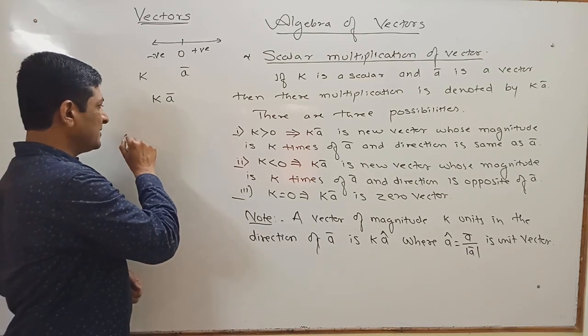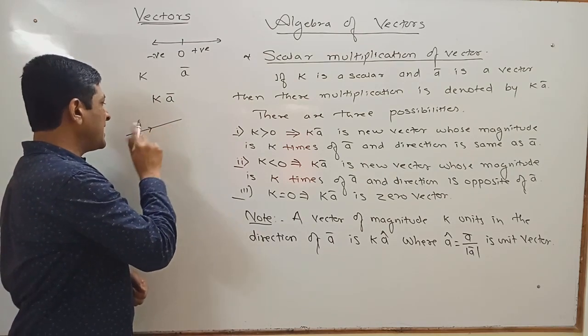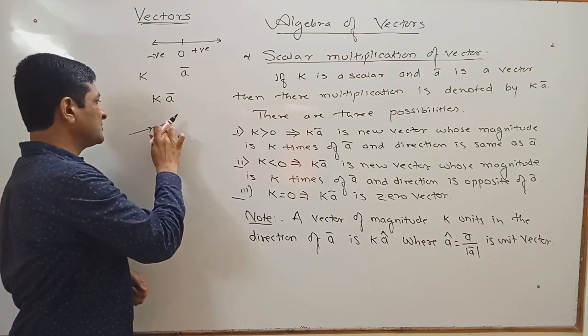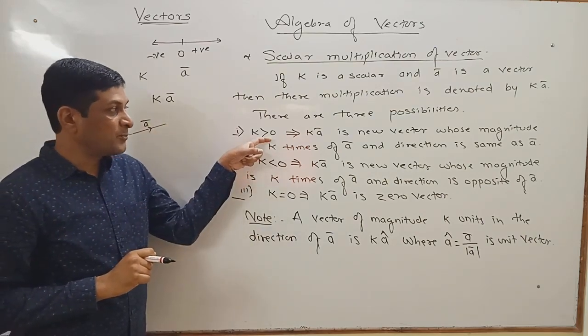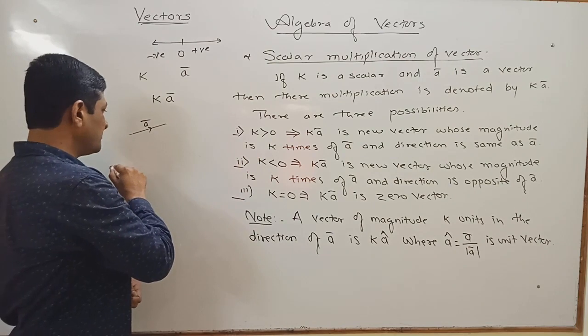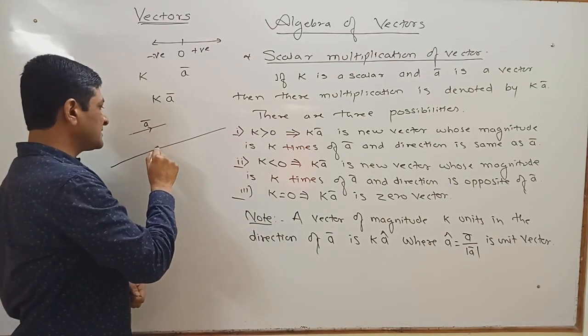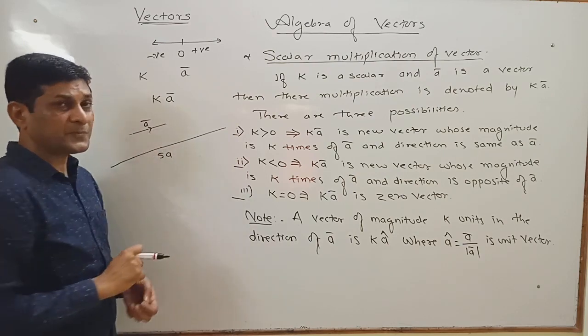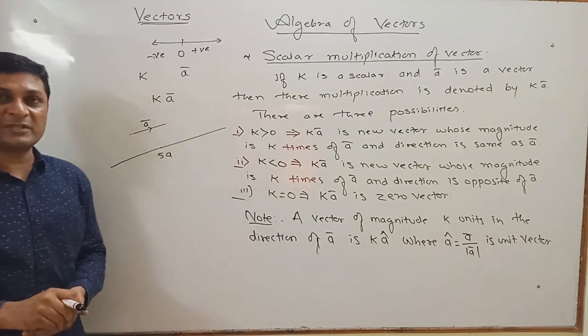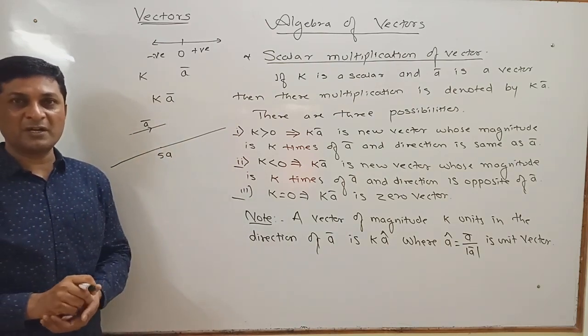Let us consider one example. Let a bar be one vector, and we are multiplying this vector by a positive real number. If we are multiplying this a bar by, say, 5, then we will get a new vector. Since it is a vector quantity, it has two things: magnitude and direction.